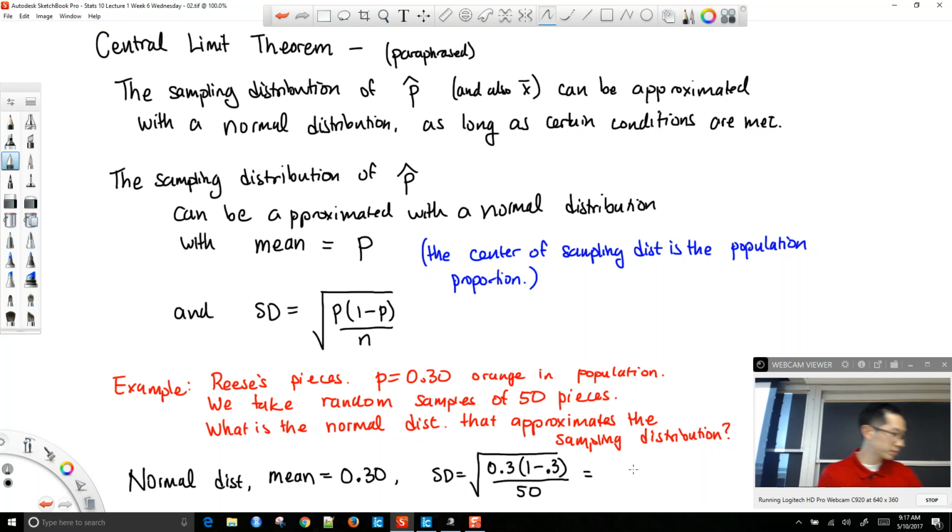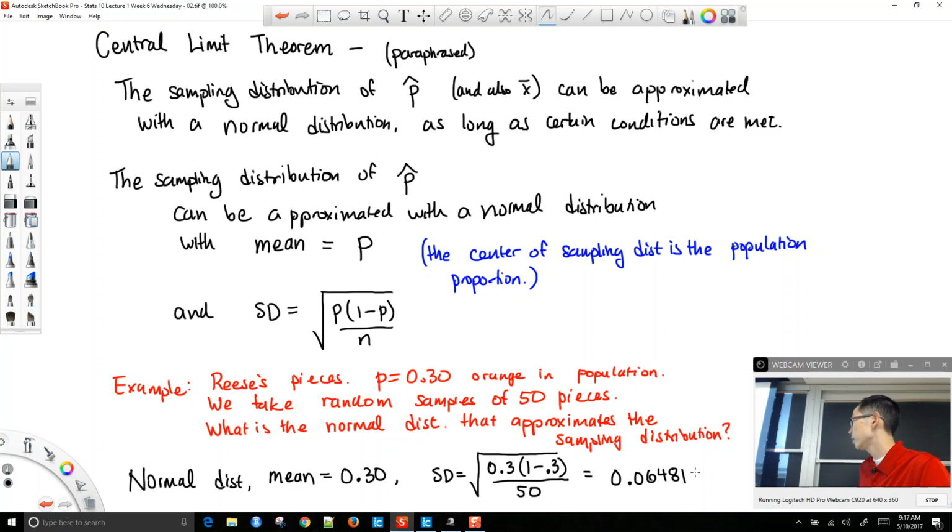So I plug this into my calculator. I get 0.3 times 1 minus 0.3, which is 0.7. Divide that by 50. And I take the square root of that, and I get a standard deviation of 0.0648. Okay. And that's it.